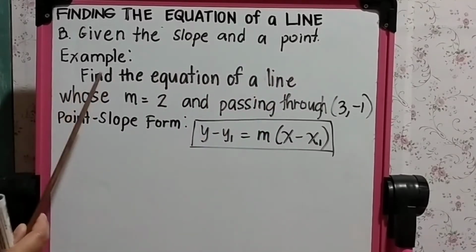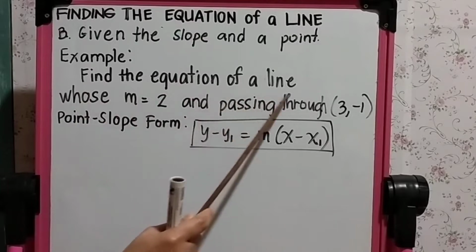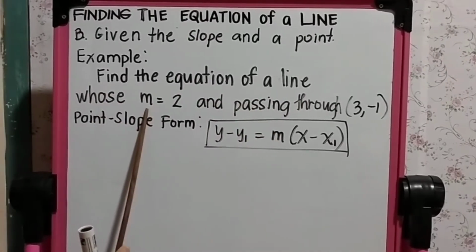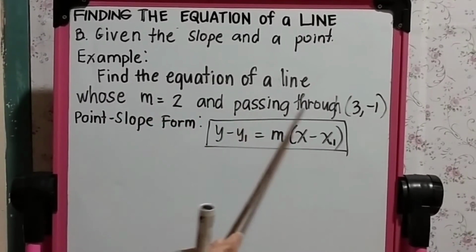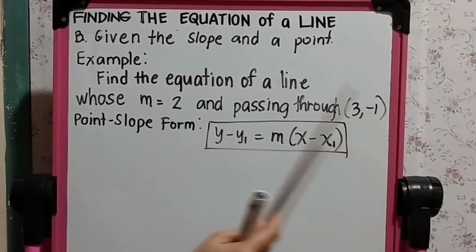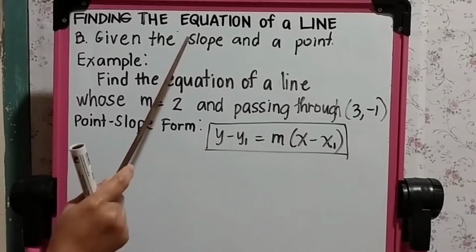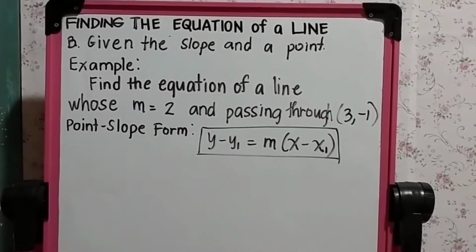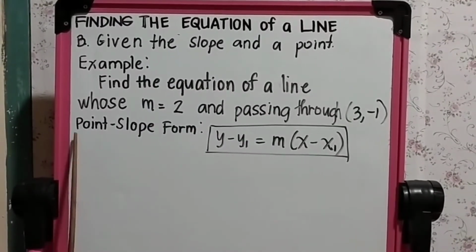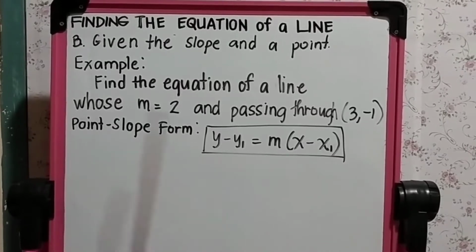So, let's take this example. Find the equation of a line whose m or whose slope is 2 and passing through the point 3, negative 1. So, kapag ang given na condition ay slope at point, isang point ang given, we're going to use the point-slope form of a line.